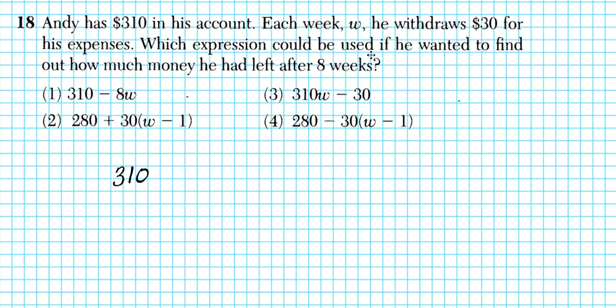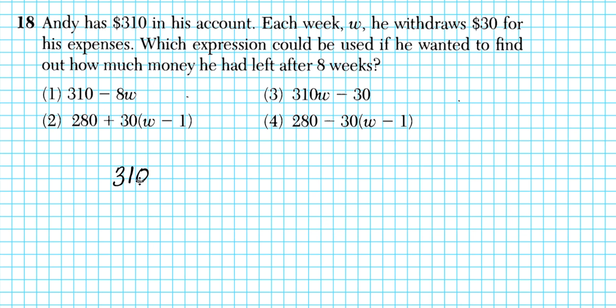So let's say for 1 week, for instance, how much did he take out? He took out $30. So for the first week W, he took out $30.